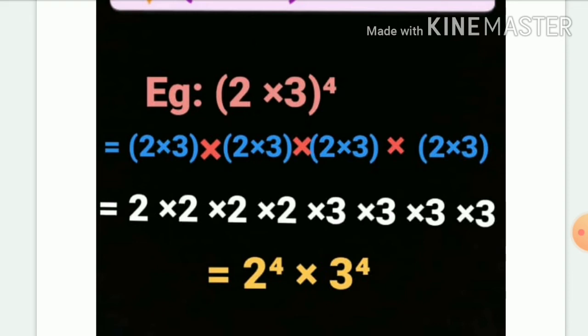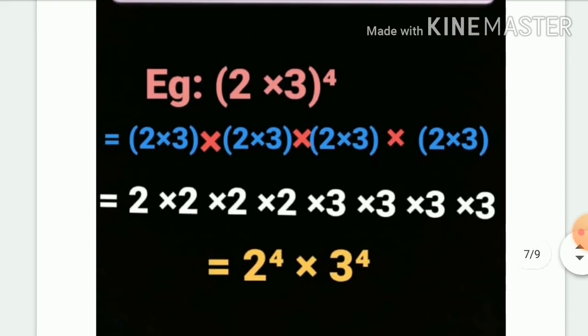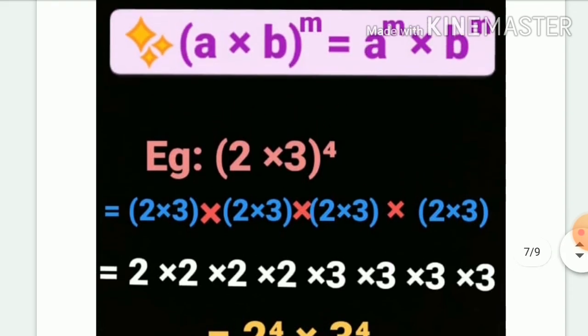As you have observed, the index 4, which was common to both the numbers, goes to both the bases individually. See, 2 raised to 4 multiplied by 3 raised to 4. So this is our next law.